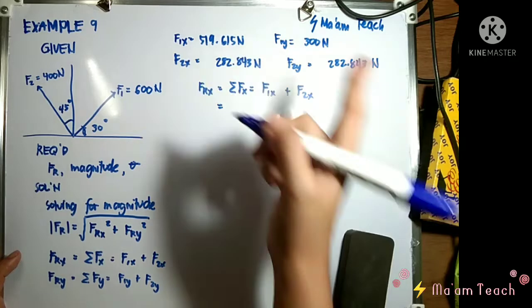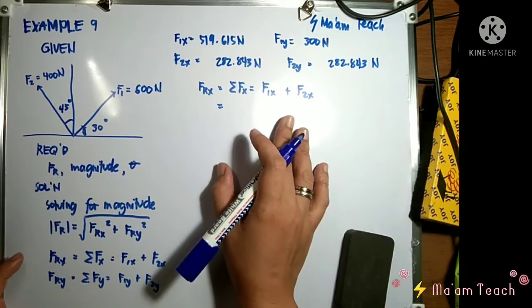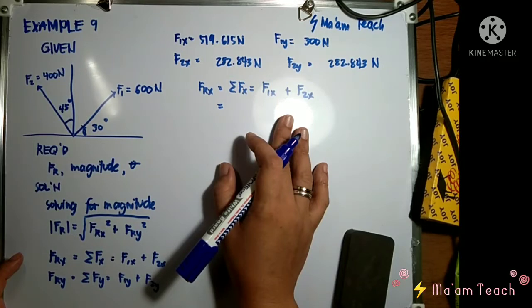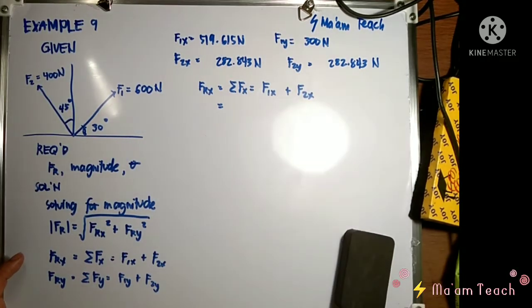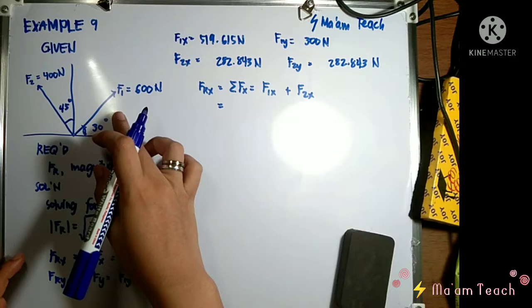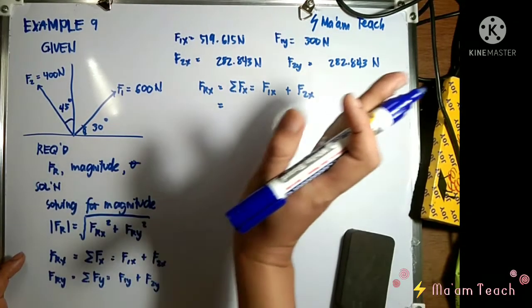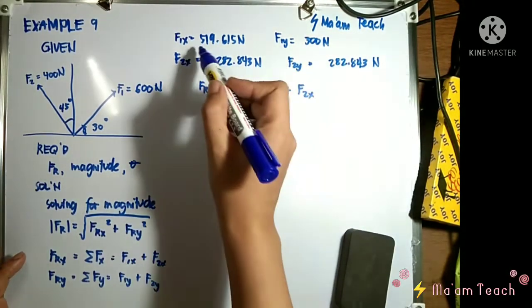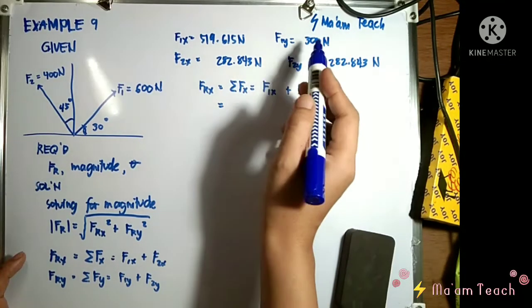By the way class, before we do that, recall that our components should carry their respective signs or directions. Looking at the figure, our F sub 1 is going to the right and going up, so obviously the F1x and F1y are both positive.